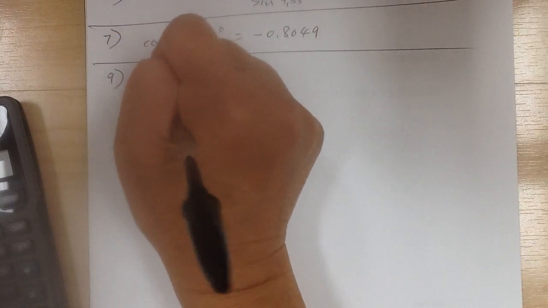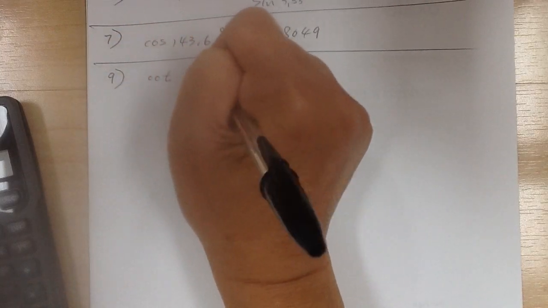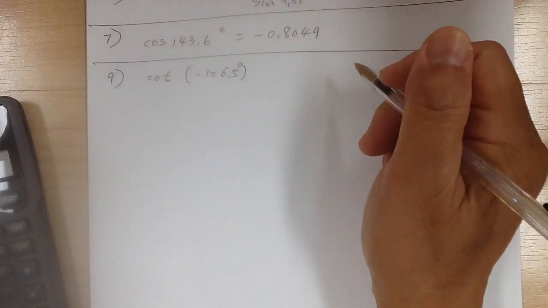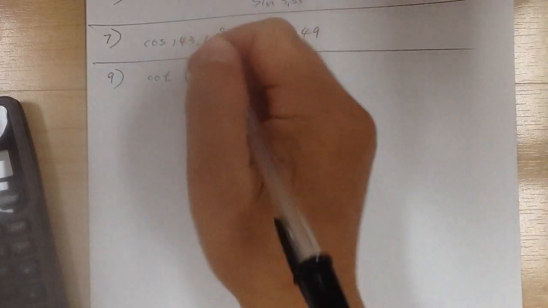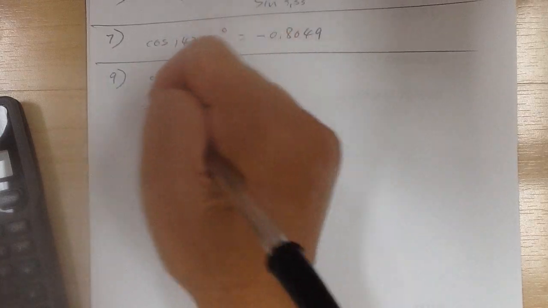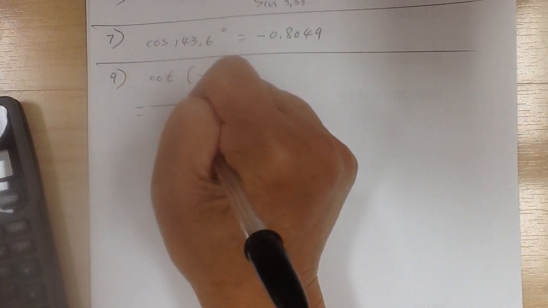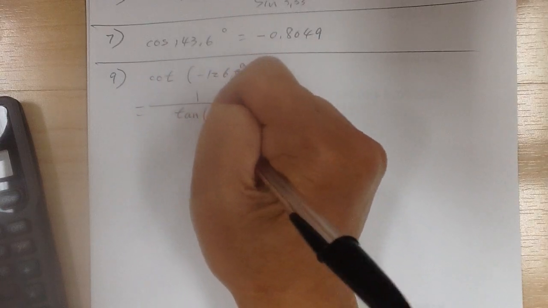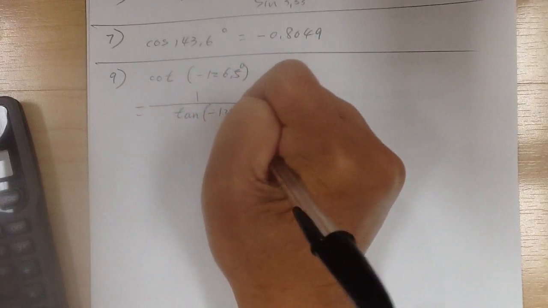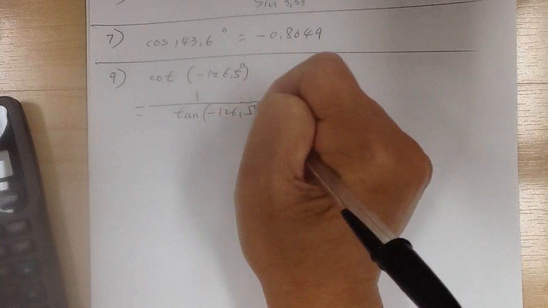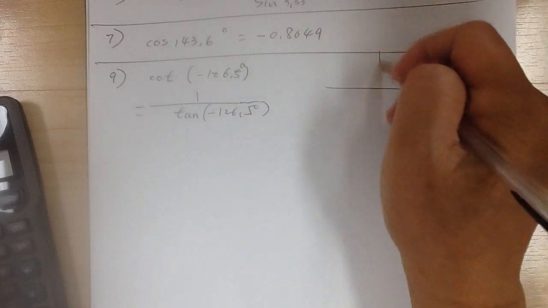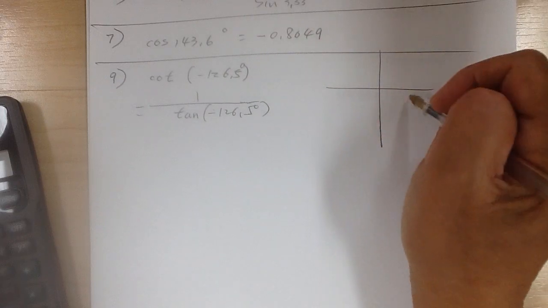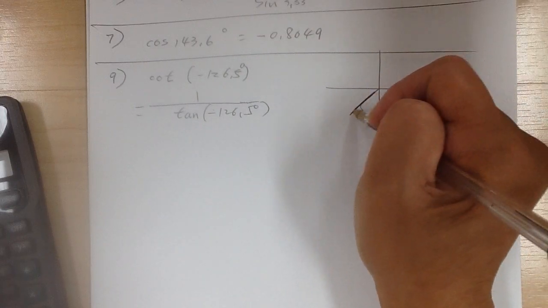Okay, you got cotangent of negative 126.5 degrees. Okay, so you first have to flip it over. So this is equal to 1 over tangent of negative 126.5 degrees. Okay, now this one you have to be careful. Okay, so negative 126 degrees is going to be somewhere right over here.